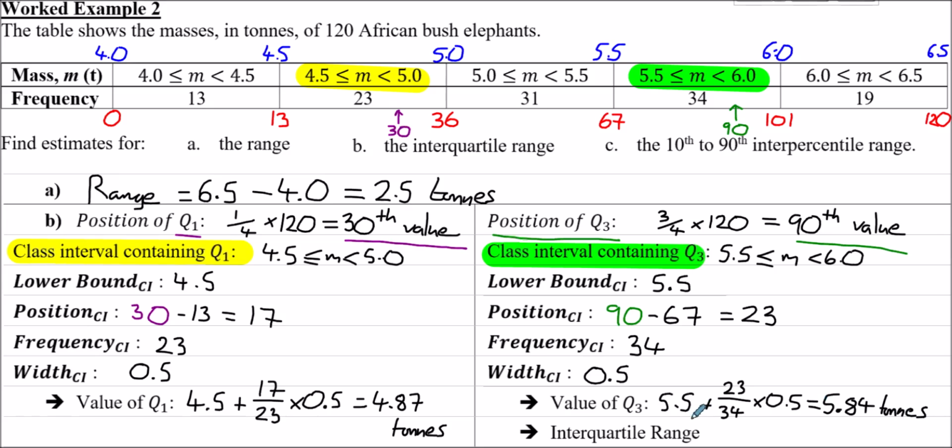We can now do the interquartile range. So the interquartile range is going to be the upper quartile, Q3, subtract the lower quartile, which is Q1. So the interquartile range is 5.84, Q3, minus Q1, which is 4.87.